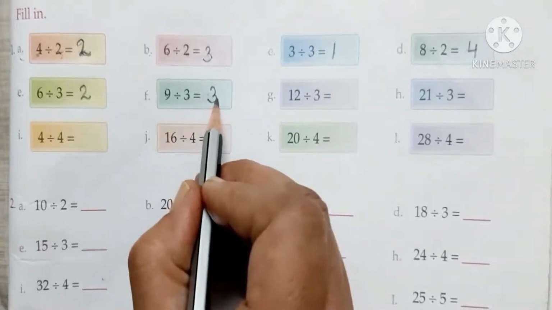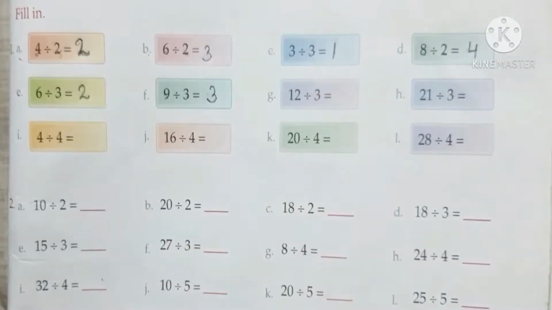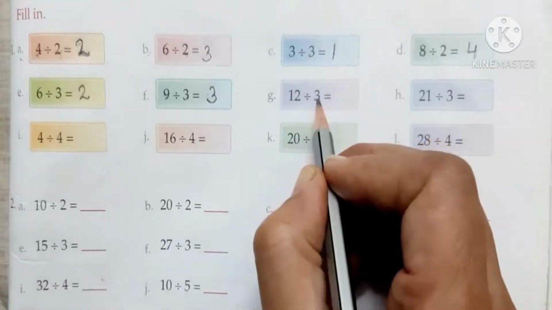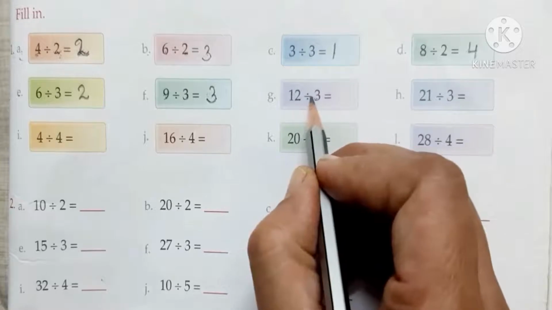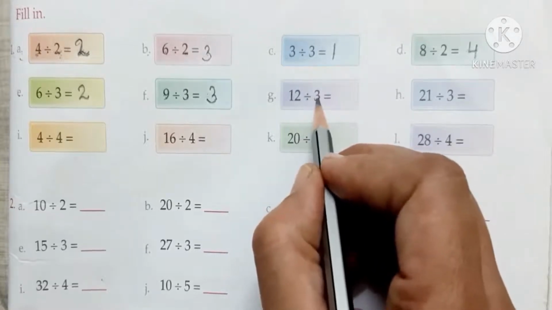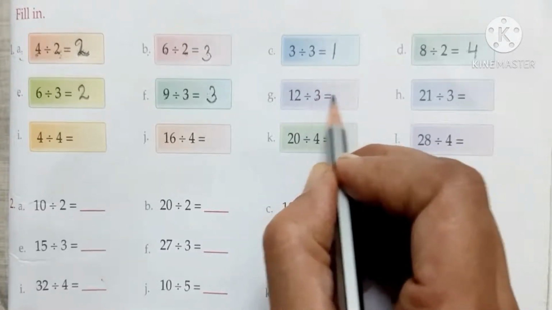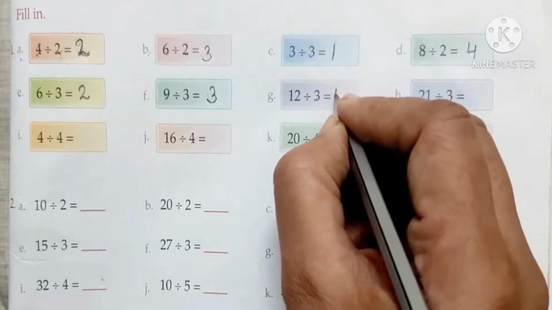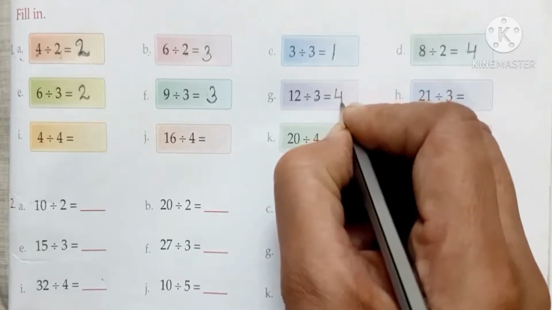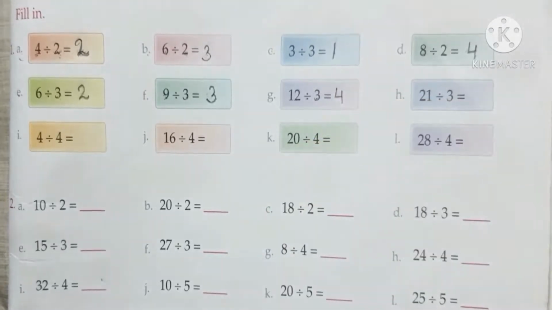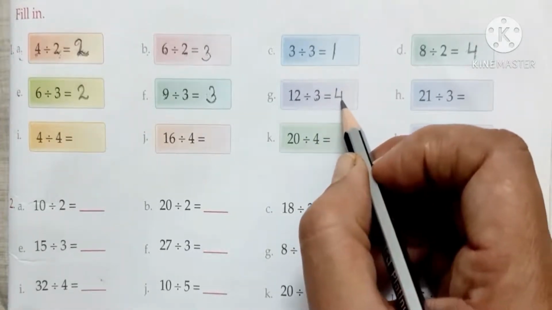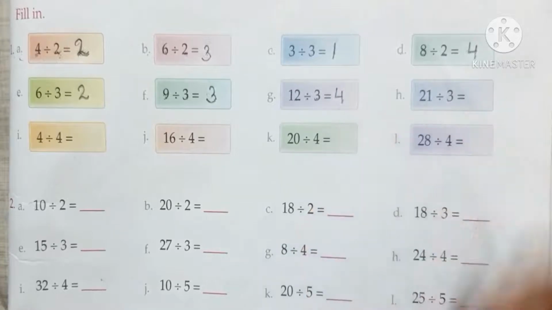G. 12 divided by 3. 3 1 is 3. 3 2s are 6. 3 3s are 9. 3 4s are 12. So write 4 here. That is called quotient and it is also the answer.